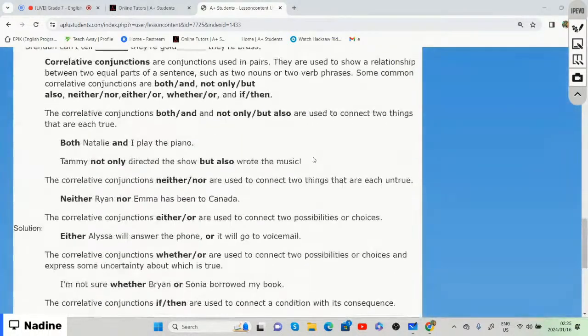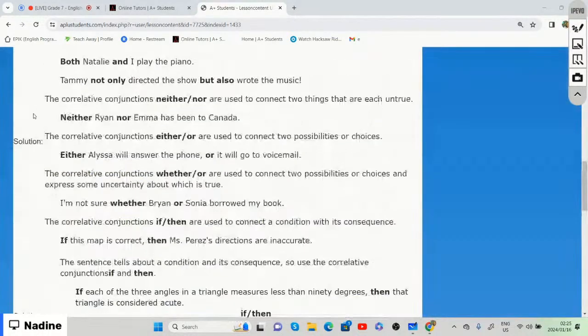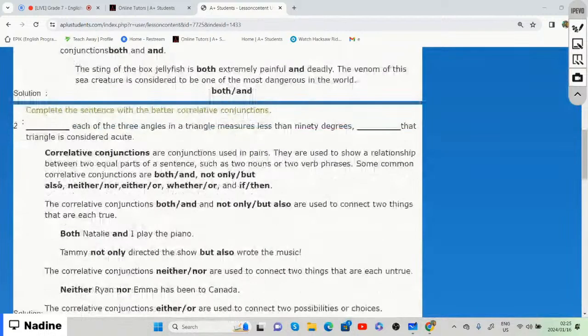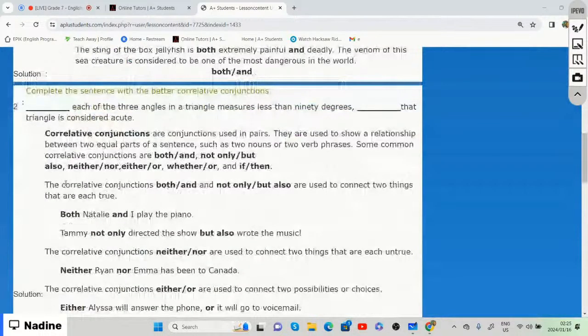And once again, a correlative conjunction is a conjunction that is used in pairs, and they are used to show a relationship between two equal parts within a sentence.